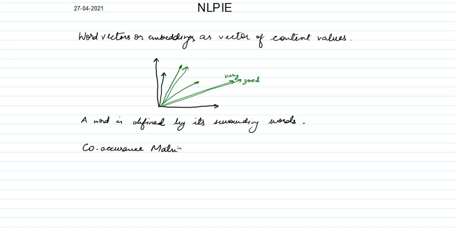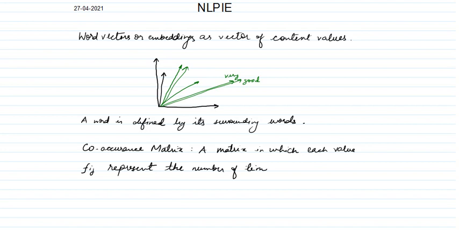A co-occurrence matrix is a matrix in which each value, suppose it is Fij, represents the number of times word Wi is in the context of Cj.